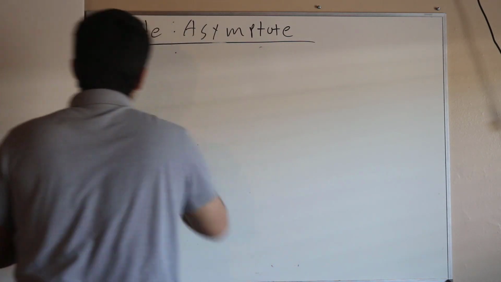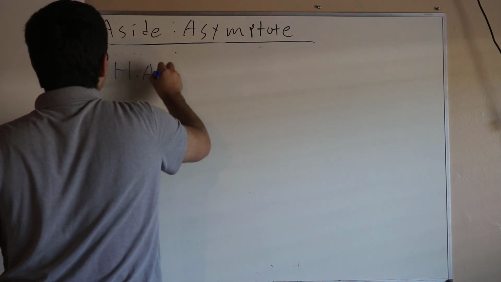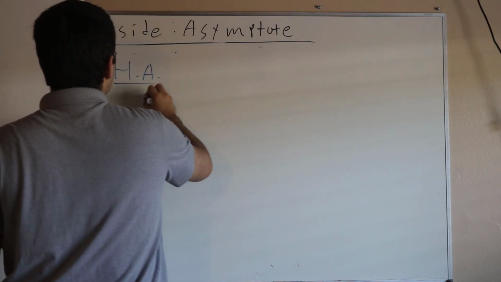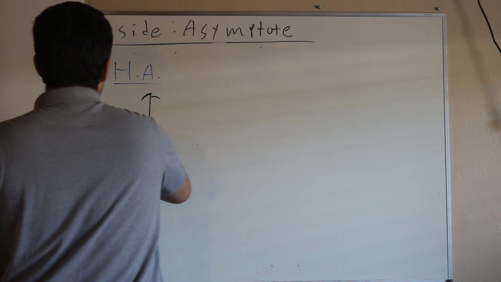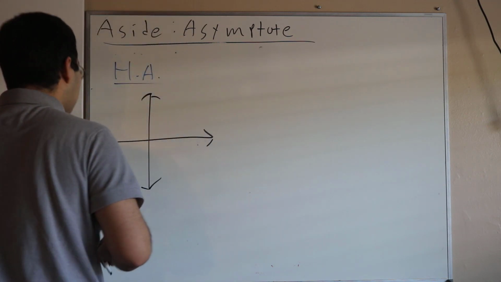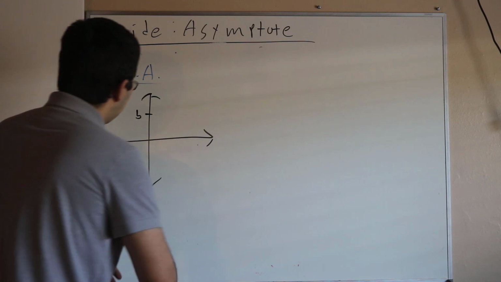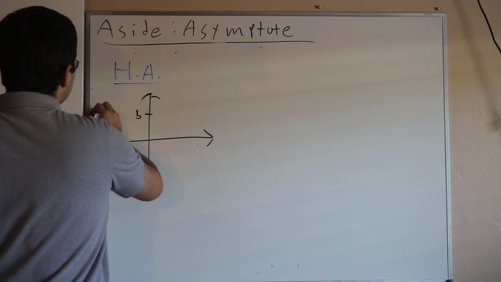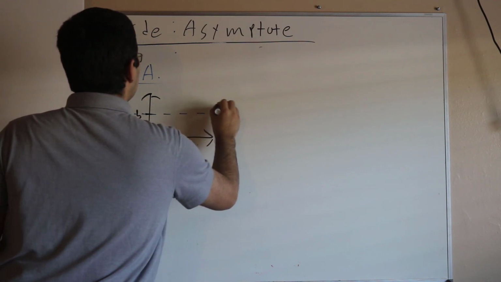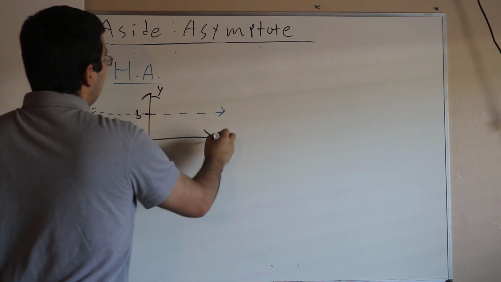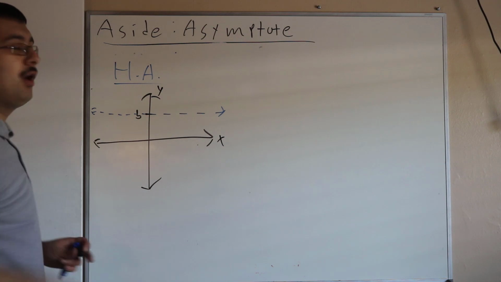So here we are, a visual example for a horizontal asymptote. Right, so if I have the value b, and we call this value b my horizontal asymptote, then we're imagining some imaginary line cutting across b.